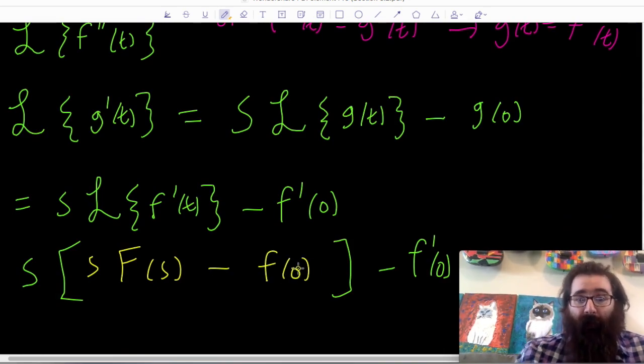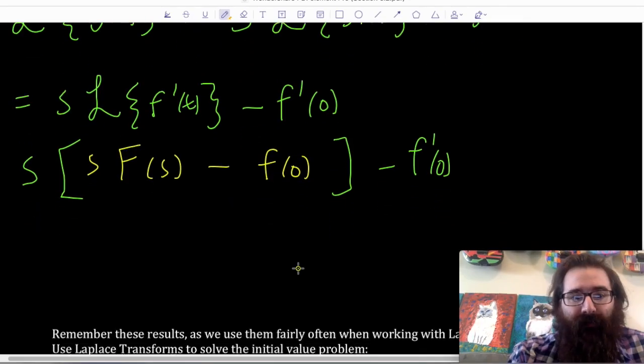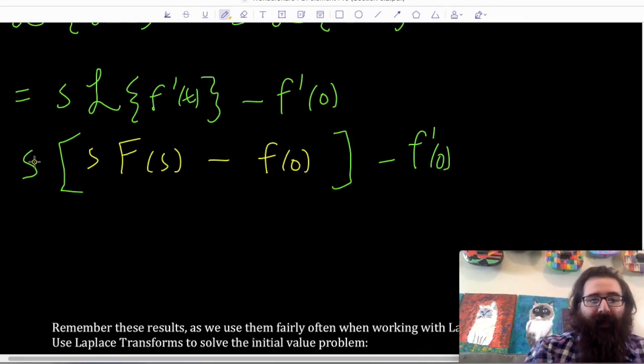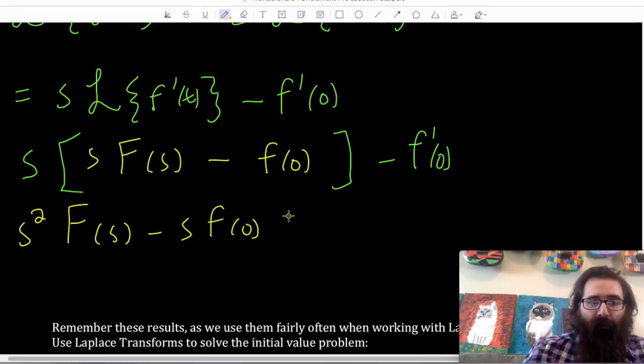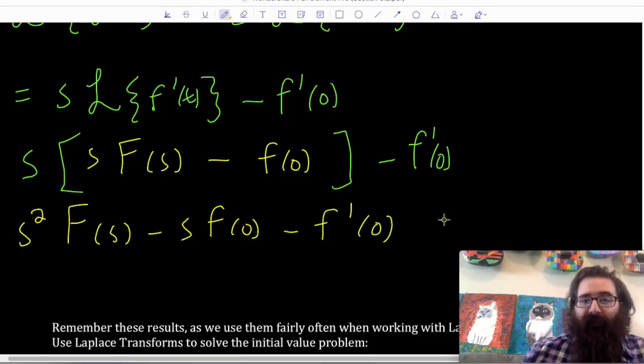Now let's just expand this out. What does it give me? When I multiply s in, I get s squared times big F at s minus s times little f at 0, and then minus f prime at 0. And this should be equal to what I started with, which is the Laplace transformation applied on f double prime at t.